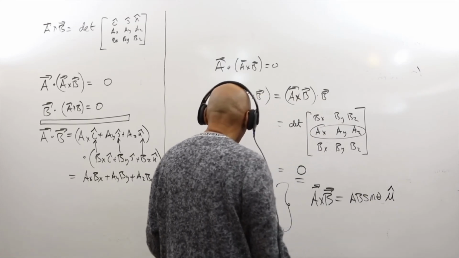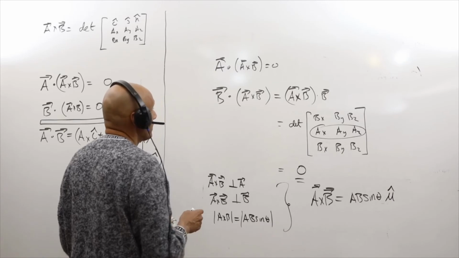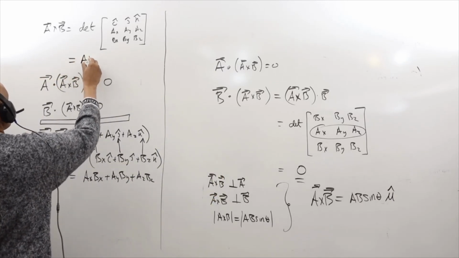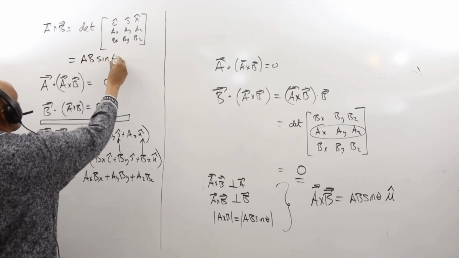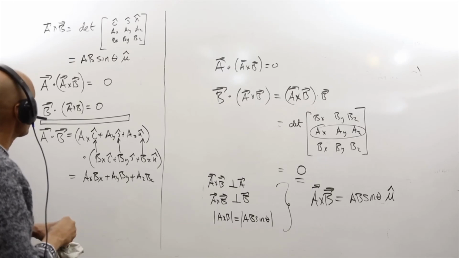So starting from this definition, we can now show that it's equal to a b sine of theta times a unit vector that's perpendicular to both.